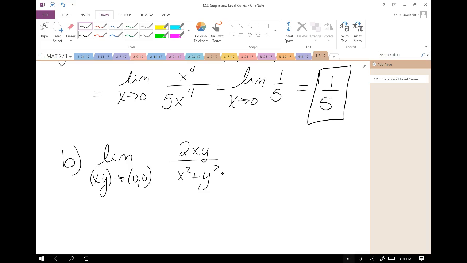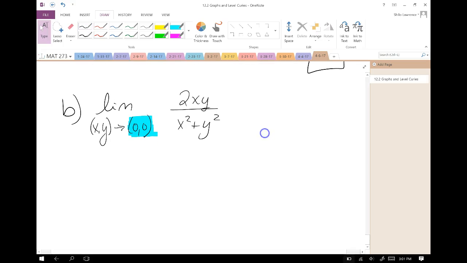You need to make sure that your path goes through the point that you're doing the limit for. So we need to make sure that we pick a path that goes through 0, 0. So somebody give me a path that goes through 0, 0. Y equals x. So I'm going to replace all of my y's with x's.